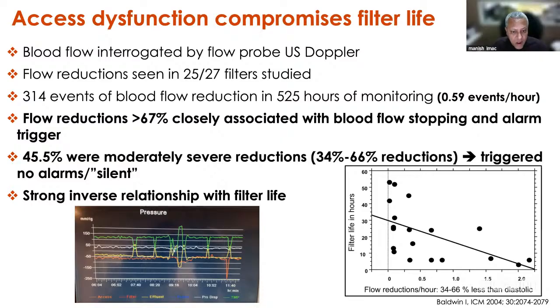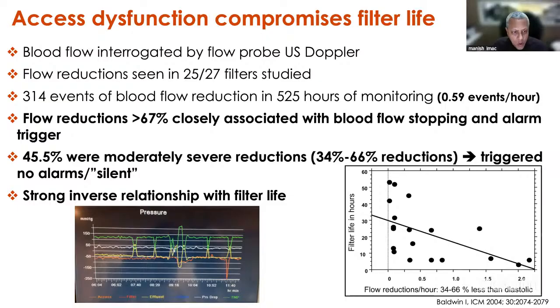They identified that in 25 of the 27 filters studied, there were flow reductions they could demonstrate with this Doppler. There were 314 events of blood flow reduction in 525 hours of monitoring, which means a rate of almost 0.6 events per hour.